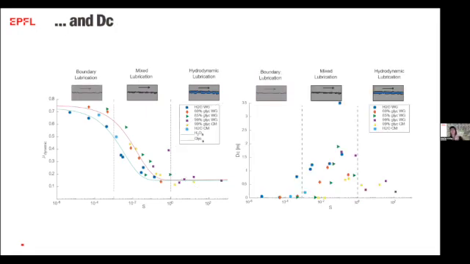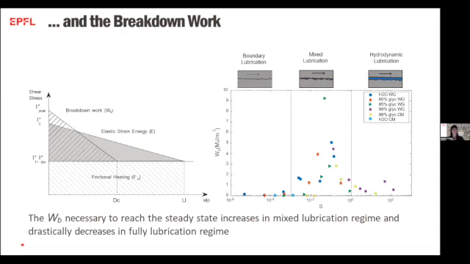What is interesting is that if we plot this Dc, that is the distance to reach a steady state in terms of friction, versus the Sommerfeld number, we see that this is not a monotonous function of the Sommerfeld number, but we have an increase of Dc under boundary and mixed lubricated condition and a decrease under hydrodynamic lubrication. So this has consequences on the breakdown work. If we calculate the breakdown work, that is the energy necessary to continue to propagate a rupture, that is simply the integral of the shear stress curve with the slip over a distance Dc.